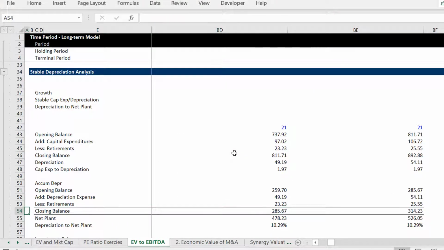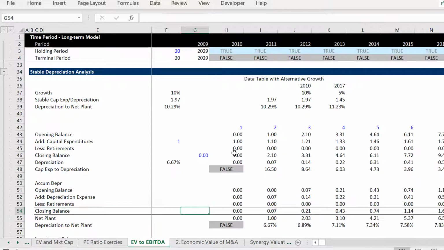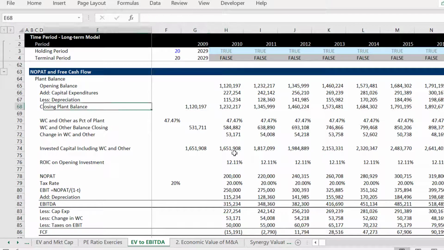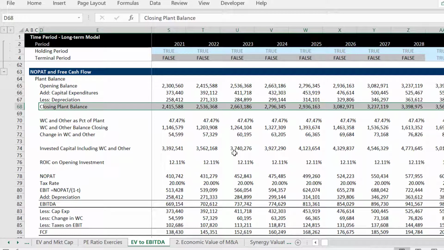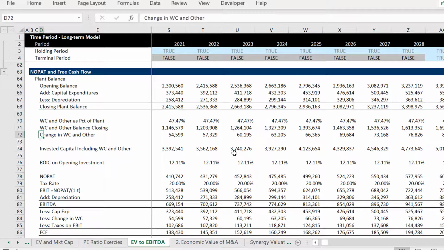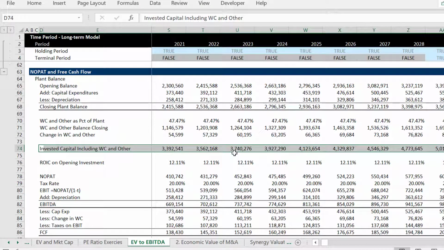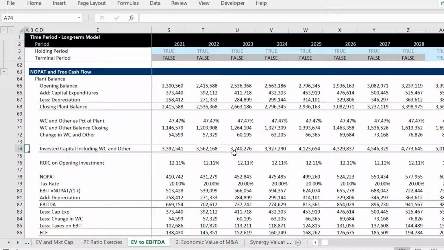And we do the same sort of thing. Uh-oh, I have a really wide thing. We go for a very, very long period, but this time our opening and our closing balance, we compute a ratio of net plant to depreciation, and for the invested capital balance, we include a plant balance that accounts for the depreciation and it accounts for the working capital, and you finally get the ultimate product.